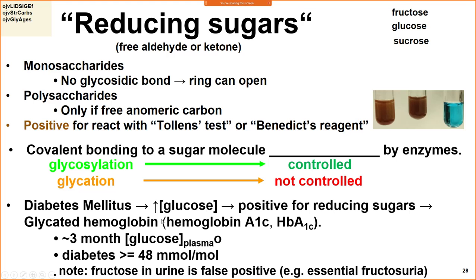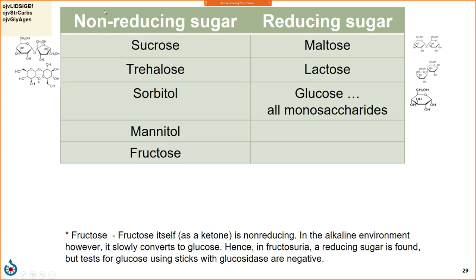Of note, you'll see in the next slide, fructose is different in that fructose in the urine is a false positive for this. So you could have essential fructosuria, and that's because fructose has that business end. So here are the non-reducing sugars: sucrose, trehalose, sorbitol, mannitol, fructose, and then the reducing sugars: maltose, lactose, glucose, and all monosaccharides.